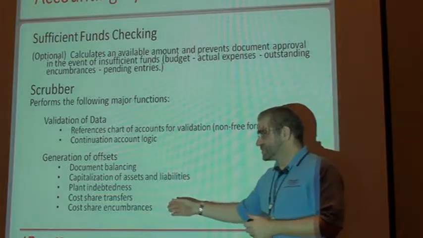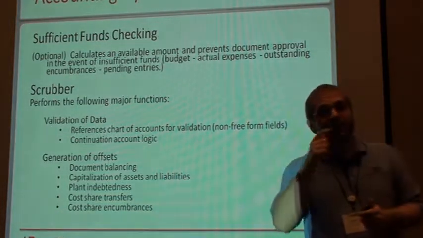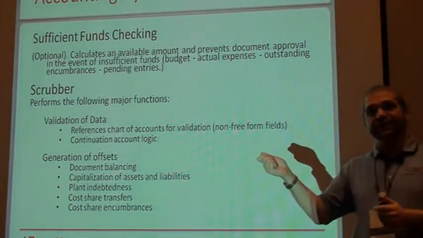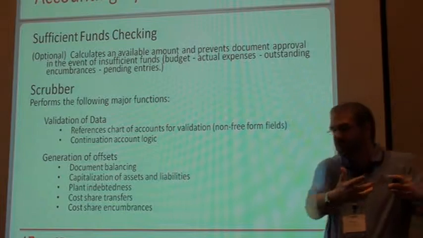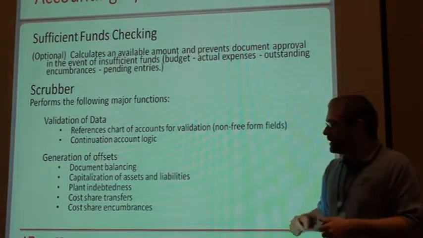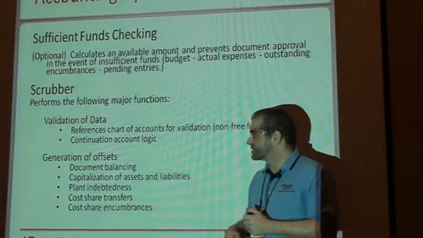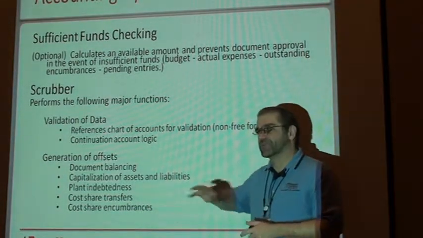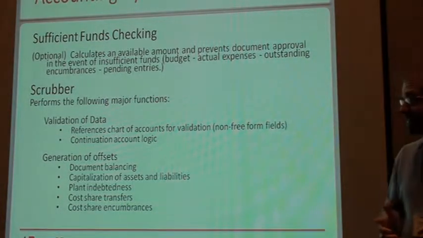For cost share, since we have this unique connection behind the scenes to another account, we want to make sure that that encumbrance shows up on the account that's ultimately going to end up paying for it, even though we would have written the purchase order directly on the cost share sub-account. So there's always this tether back to the account that's really going to pay for these cost share expenses, and the scrubber is responsible for generating the entries that keep that together behind the scenes.